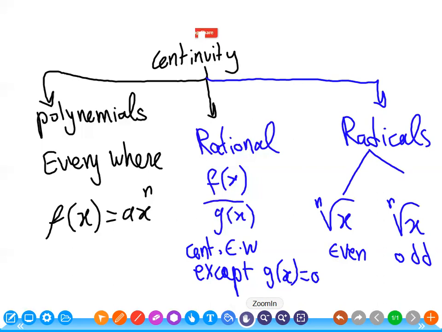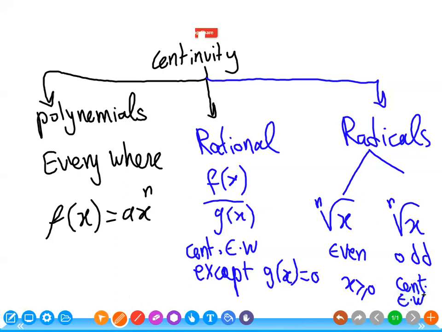And for the even roots, such as square root, 4th root, and so on. Now, for the square root, we will say the function is continuous everywhere where x is more than or equal to 0. But for odd root, it will be continuous everywhere, such as polynomials. Same as polynomials, continuous everywhere.